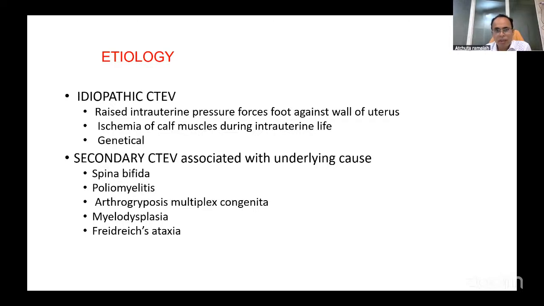At the same time, raised intrauterine pressure forces, ischemia of calf muscles, and genetic factors. These all come under idiopathic CTEV.